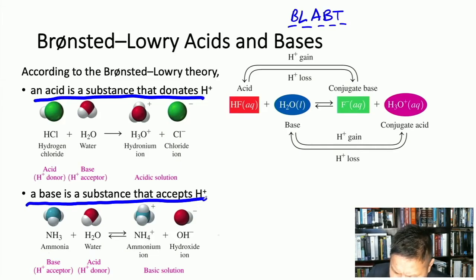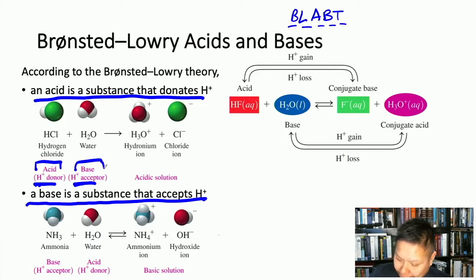So in this example, we have hydrogen chloride gas again, and we add it with water, right? So in this case, the acid, self-explanatory, is the hydrogen chloride, and the base is water.